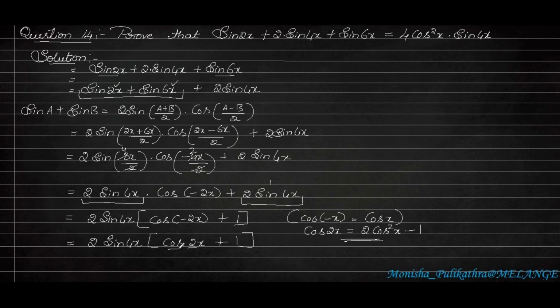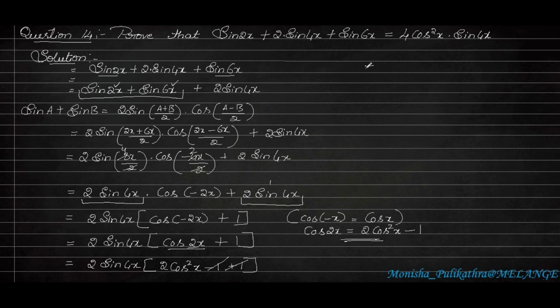So instead of this cos 2x, we can substitute 2 cos square x minus 1. Write 2 sin 4x as it is, and instead of cos 2x, write 2 cos square x minus 1. Here plus 1 is also there, write it down. Here plus 1 and minus 1 get cancelled.